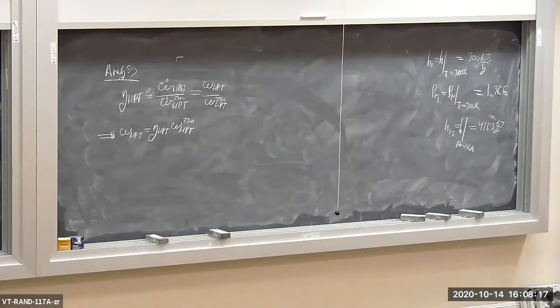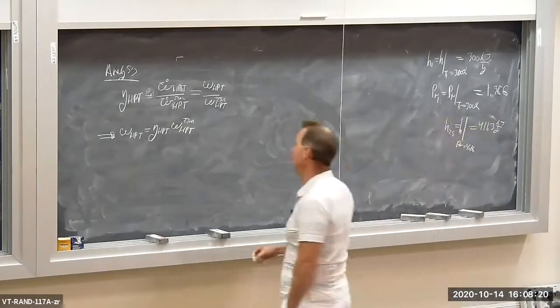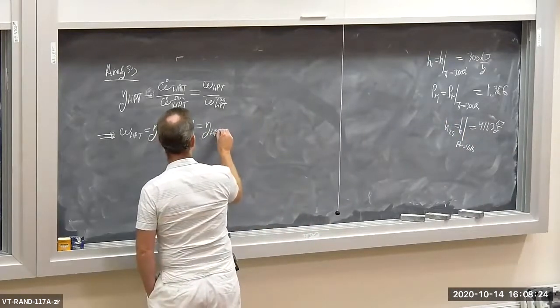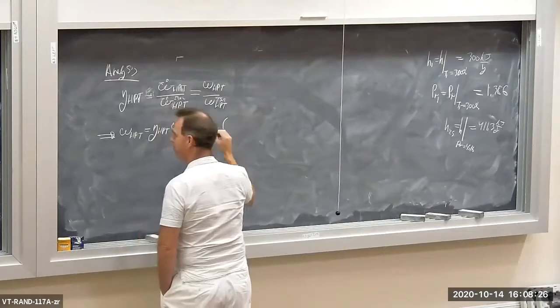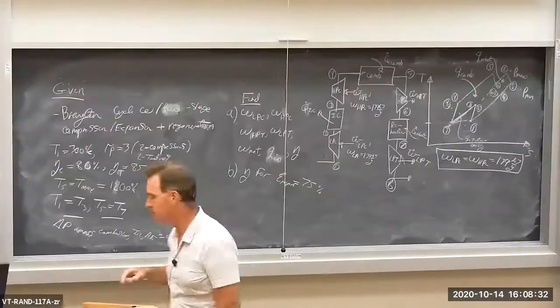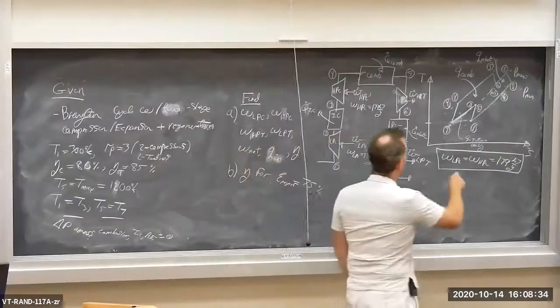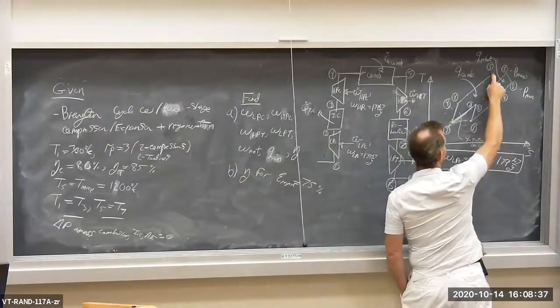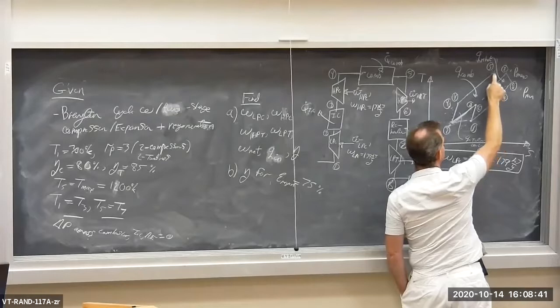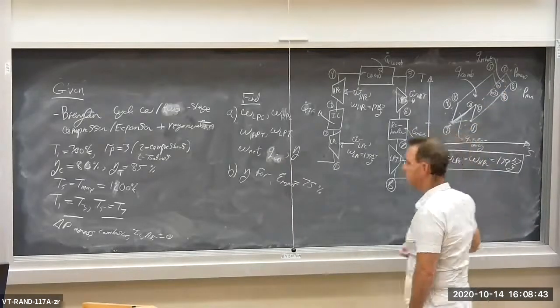Now, if I apply the energy balance to the isentropic turbine, I get eta HPT times, let's look at our TS diagram here. The isentropic process goes from 5 to 6 sub s instead of 5 to 6. The real turbine goes from 5 to 6. So 5 to 6 sub s.